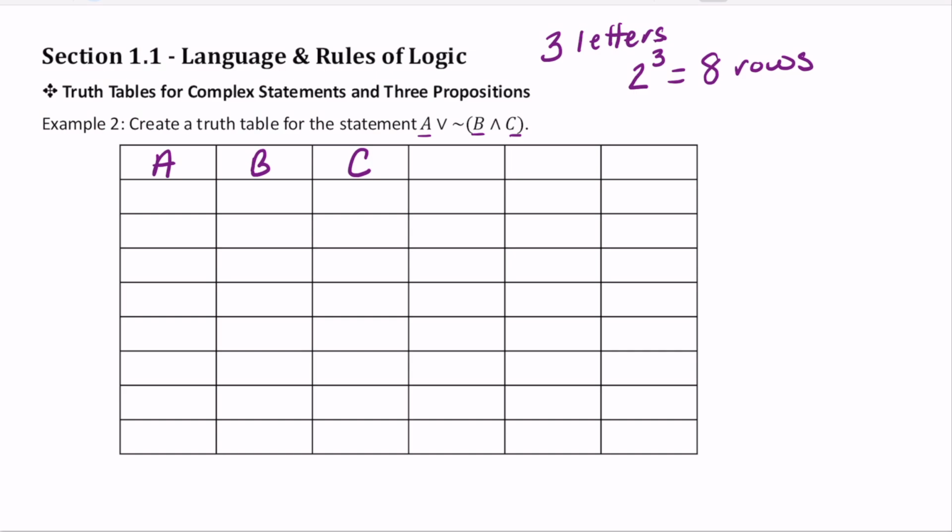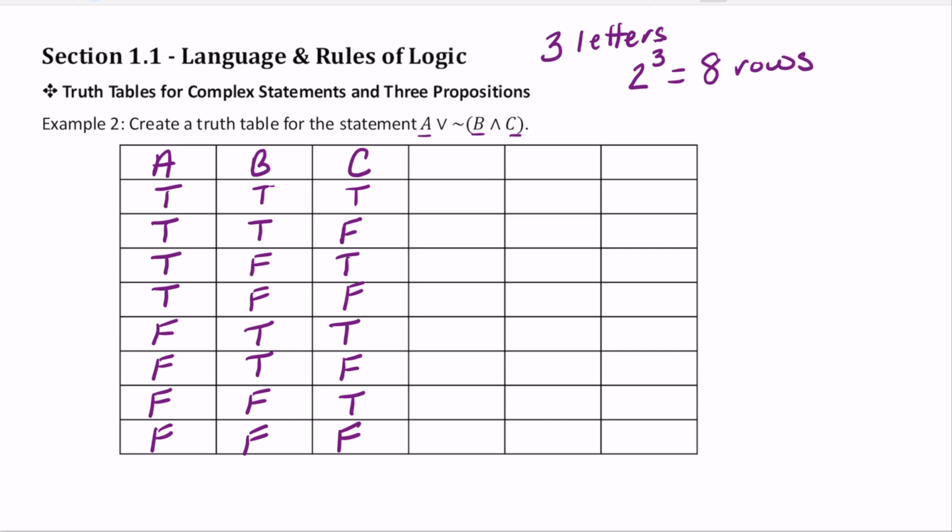To fill in the first 3 columns, we start with filling in column A with 4 trues, then 4 falses. Column B, we cut the pattern in half, filling in 2 trues, then 2 falses, repeating until the end. For column C, we cut the pattern in half again, filling in 1 true and 1 false, repeating until the end.